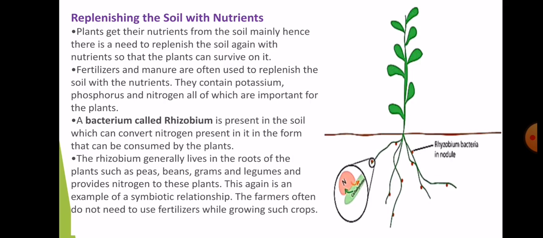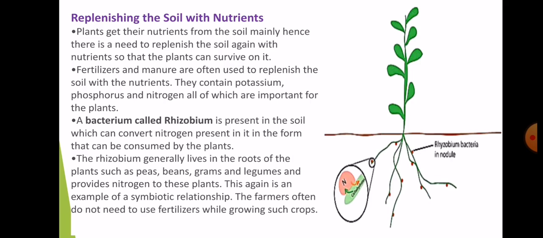Okay, and the second thing is that there is a bacterium known as rhizobium. This rhizobium bacteria is able to convert atmospheric nitrogen into nitrates, because we all know that atmospheric nitrogen is present in abundance, 78%. But plants cannot utilize atmospheric nitrogen directly.